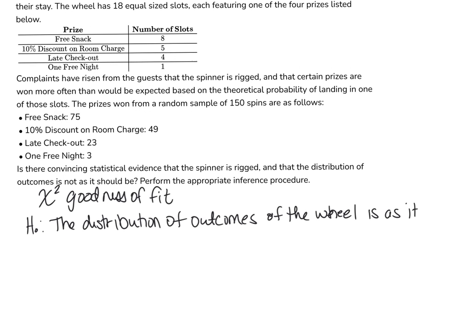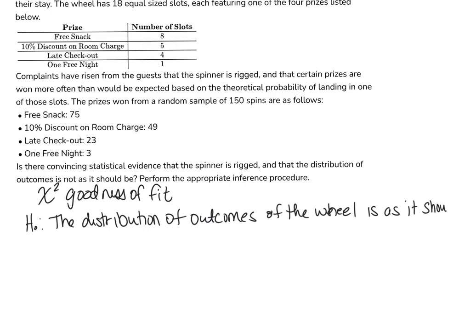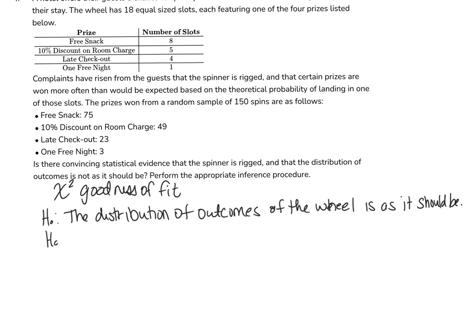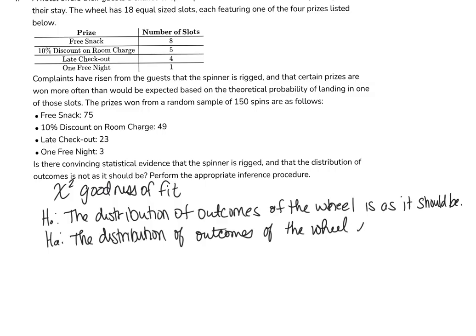And I'm just repeating the question. And then our alternative is always just that it's not as it should be. It's not true. The distribution of outcomes of the wheel is not as it should be.